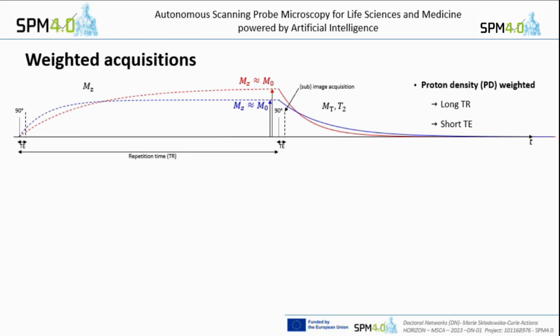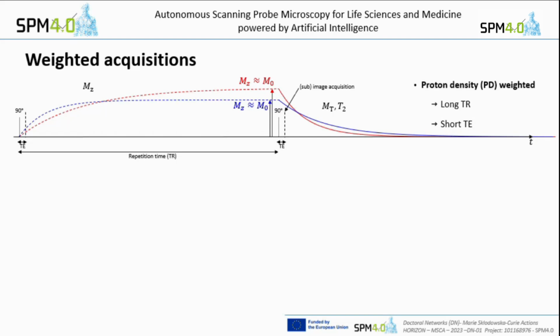Here, if we use a really short TE, so between the flip angle and the acquisition we don't spend too much time, then we can see a more or less unbiased transversal magnetization, which is highly dependent on M0, but less dependent on the relaxation. But it's just a weighting, it's not a quantitative measurement.